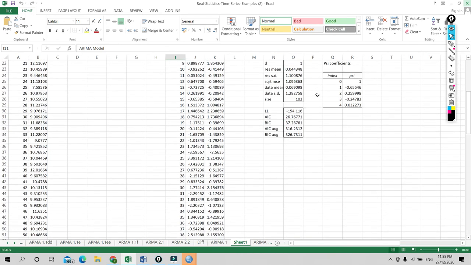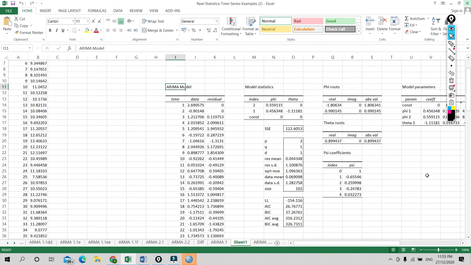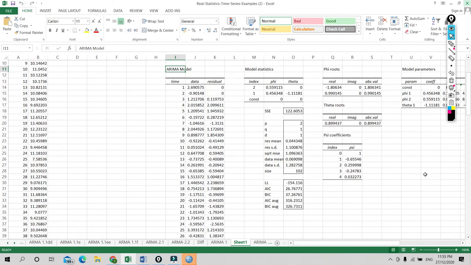This is the model here. They will give you the model. So in other words, this is your phi 2, here is your phi 1, and here is your theta 1.